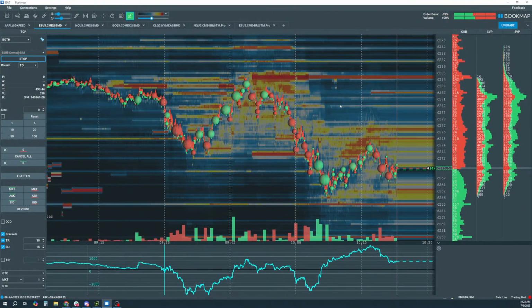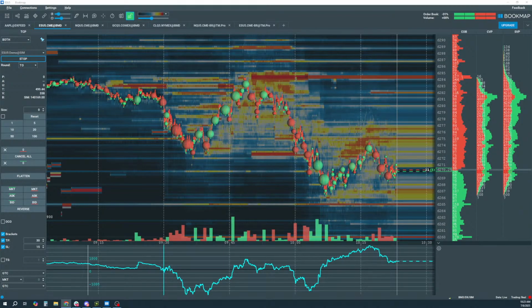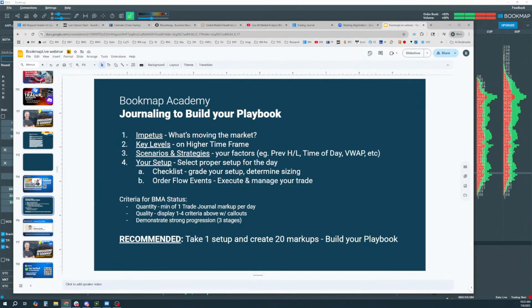Let's also just take a step back here, and we have this whole approach that we developed. And I want to show that slide quickly here, guys. This is part of our Bookmap Academy, and what we're looking for in here is what's moving the market first. Okay, building your playbook in here.